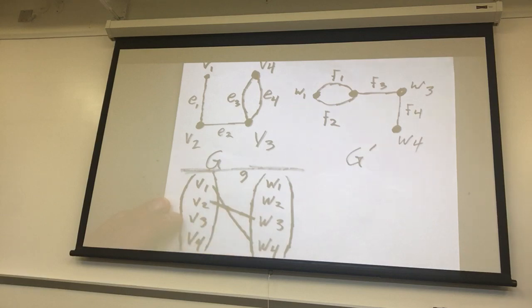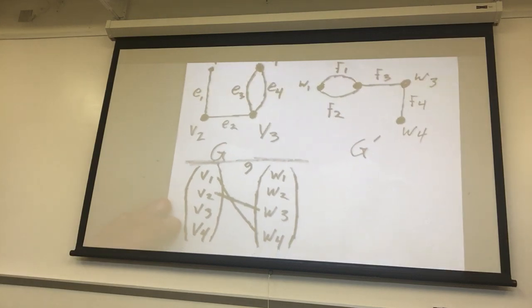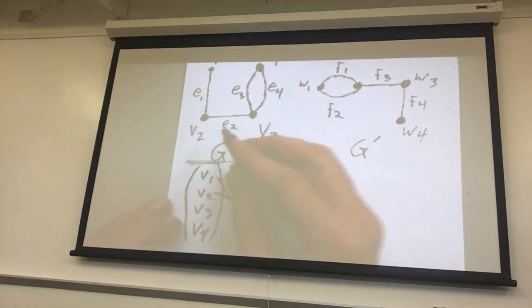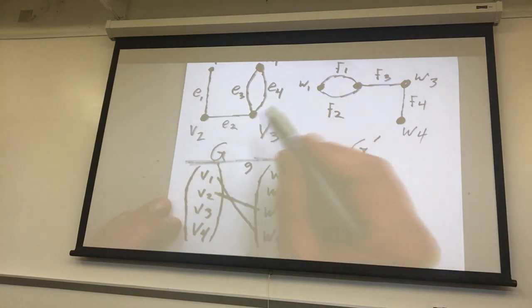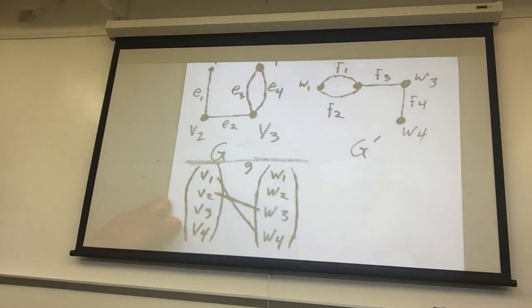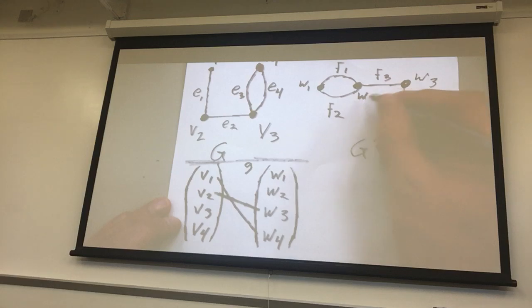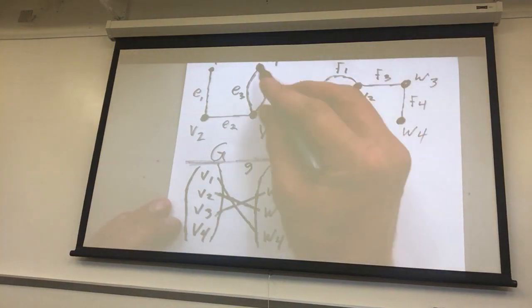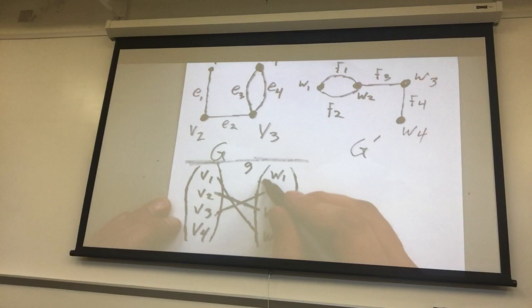Now this last one is arbitrary because you could go over either one. Wait a minute, no, I'm thinking about the edges, sorry. I did not write it down, that's why I'm getting confused. So V3 would be mapped onto W2, and V4 would be mapped onto W1.